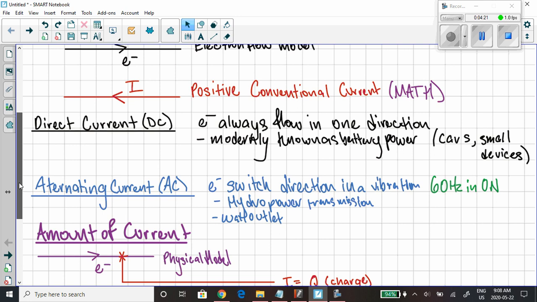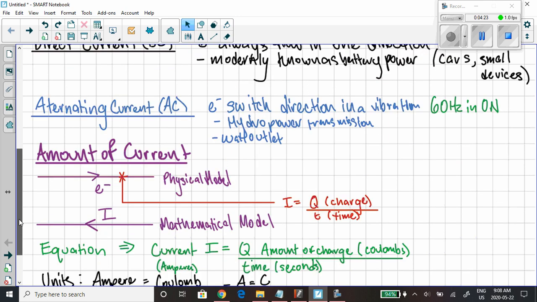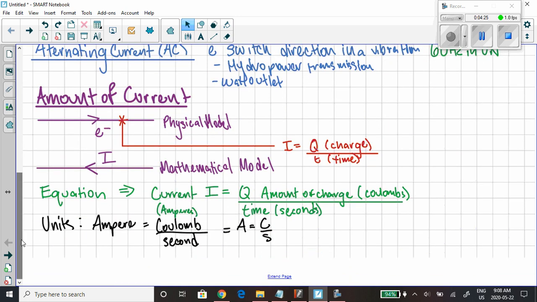How do we measure how much current there is? Well, we've got an equation. When we look at current, remember there's two ways of looking at it. There's electron flow, where electrons move from negative to positive through a circuit. This is our physical model.